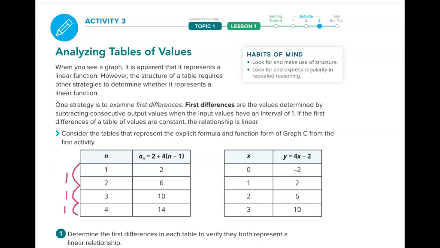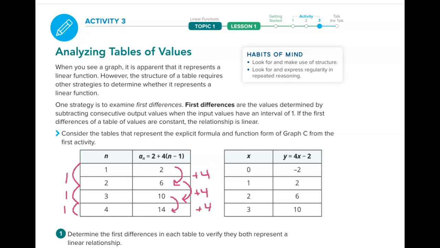And if you look from 2 to 6, that's going up by 4. From 6 to 10 is also going up by 4, or increasing by 4. And from 10 to 14, that's also increasing by 4.